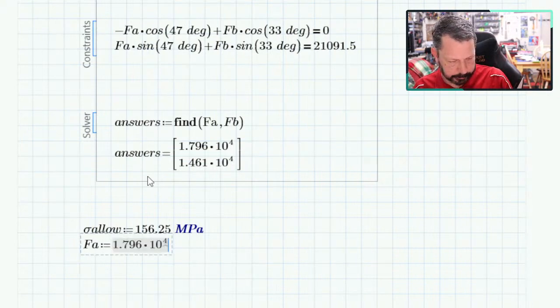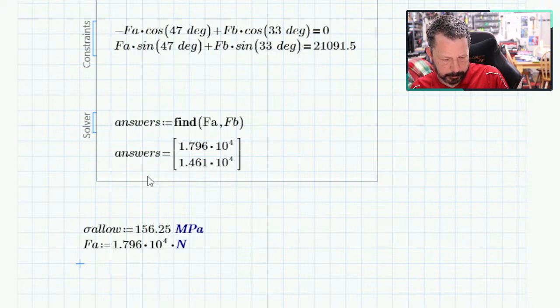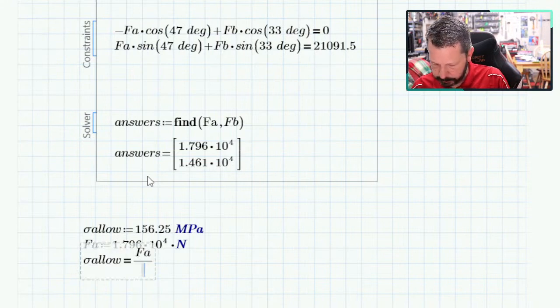Okay. And then we have the equation that would say sigma allowable equals FA over pi times d squared over 4.